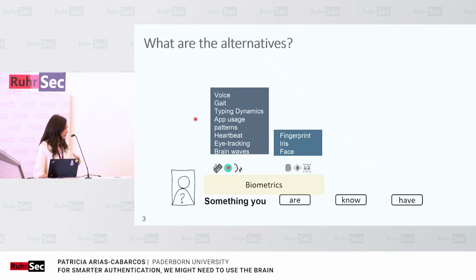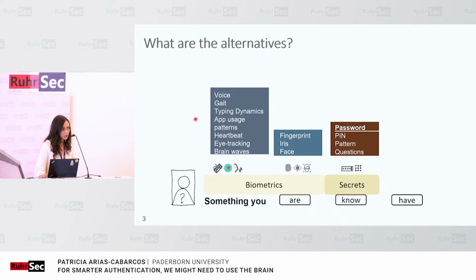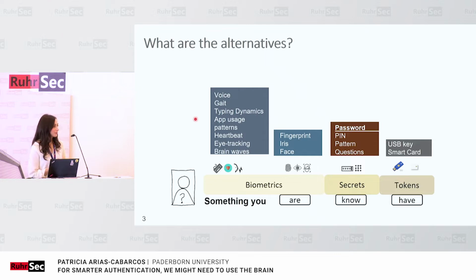Then in the something you know category, okay, we have passwords, and we have other secret-based alternatives like PINs, also very common, and patterns. And in the something we have category, we deal with tokens or smart hardware that we can use to authenticate, like smart cards and smart tokens in general.